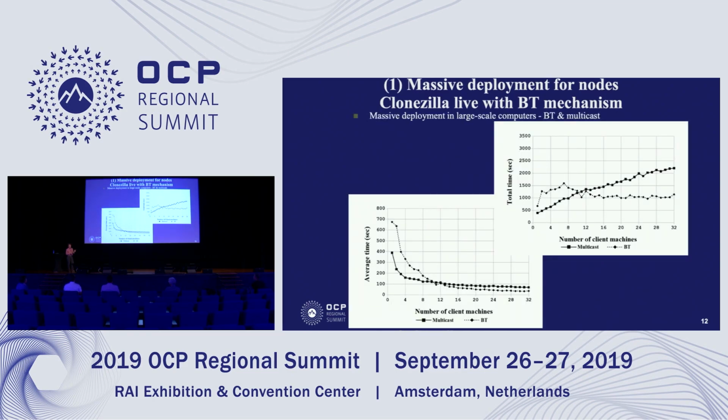Also, with this one, we did some tests to distribute a 50 gigabyte image to up to 32 nodes. As you can see, for the BitTorrent mechanism, when the number of client machines gets larger, the time still stays almost the same.